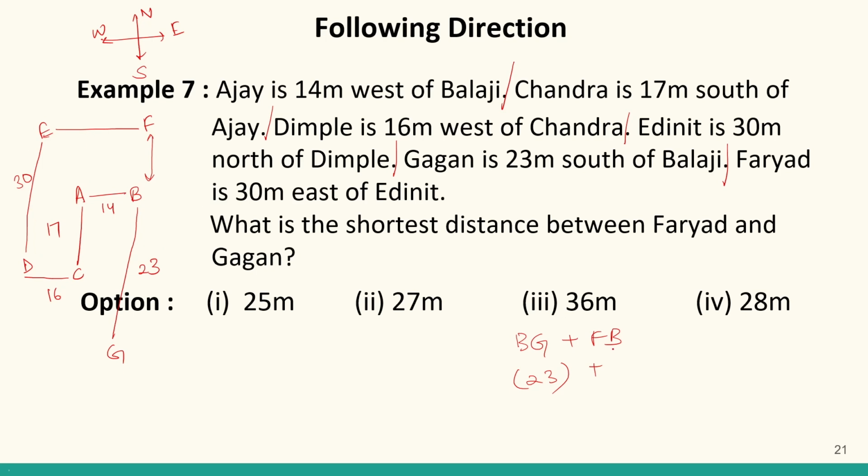Right? It follows in the same category. So it will be 13. And this is 23. So 23 plus 13 will give me 36. So my answer will be option number 3, 36 meter. So this distance is 13. This is 23. When we add the 2, we get 36 meter.